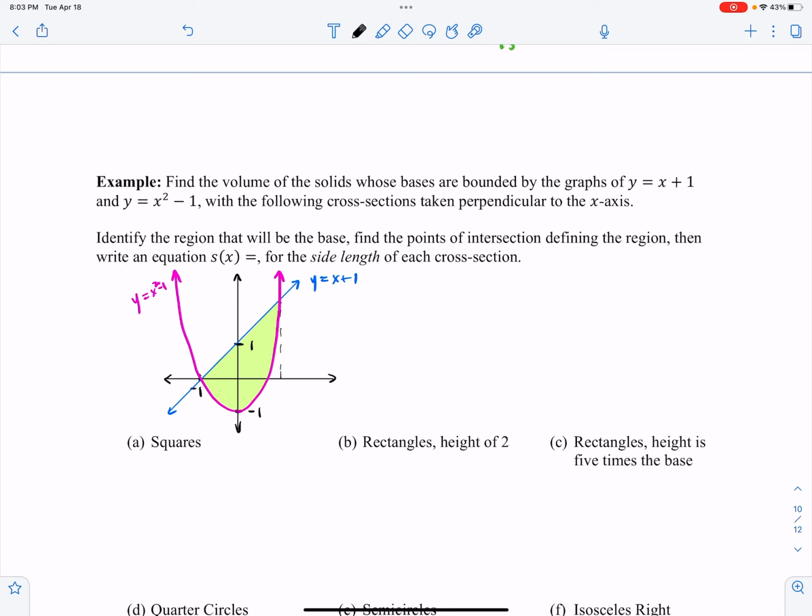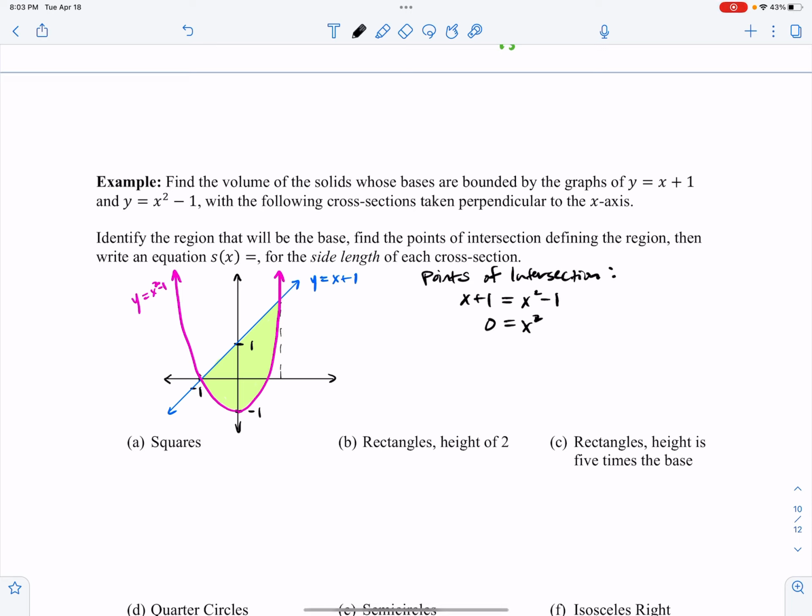Now you could figure that out just from your knowledge about transformations, or if you wanted to find the points of intersection by brute force, you could set x plus 1 equal to x squared minus 1.